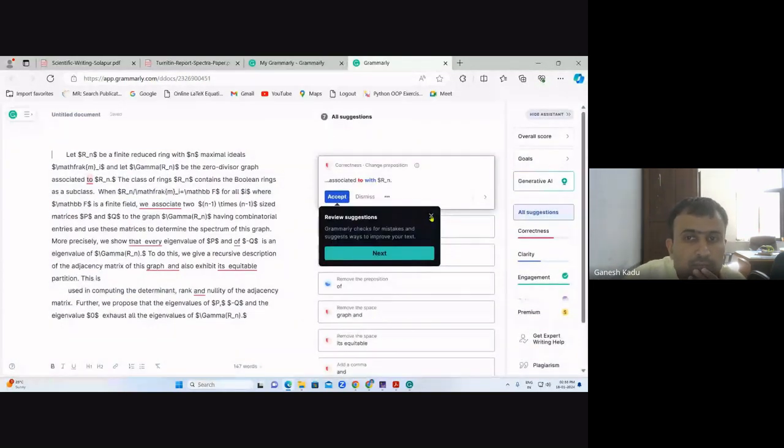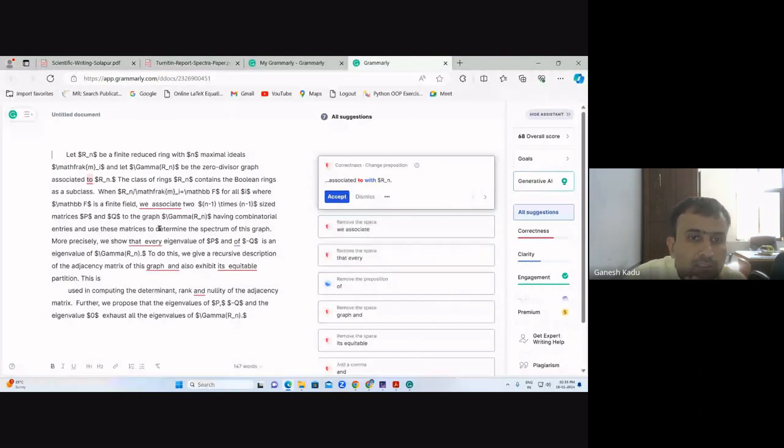Then I have these various filters. This is my LaTeX code, the thing that I've written in LaTeX. This is my abstract, and once I put it here, it tells me various places where I need to correct the grammar.